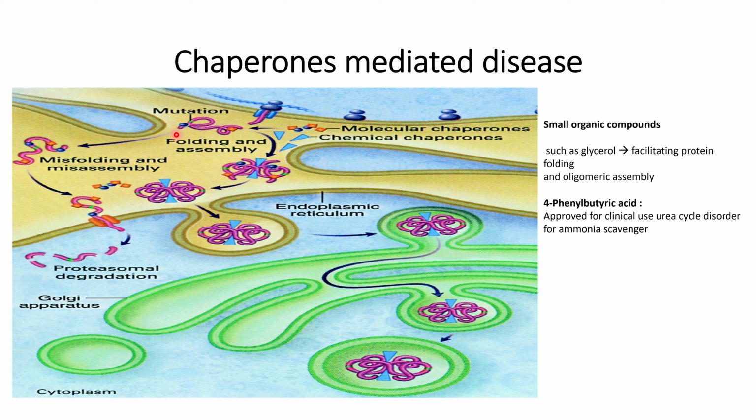If there is a mutation in the proteins and that mutation changes the native structure to an extent that it is considered non-native by the sensors present in the endoplasmic reticulum that identify the structure of the protein, then they will direct them towards misfolding and misassembly.